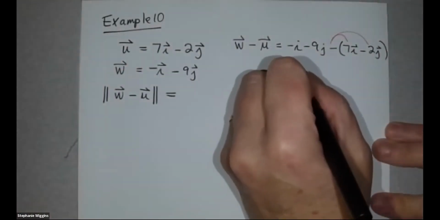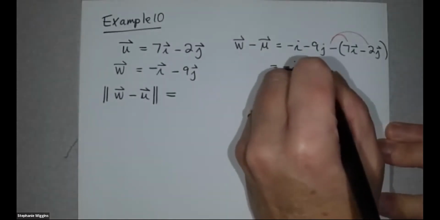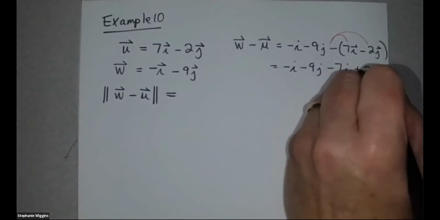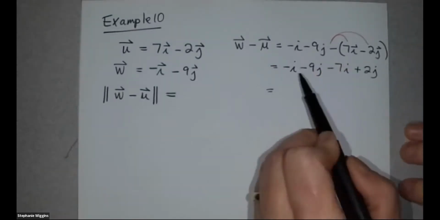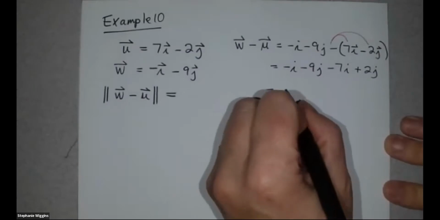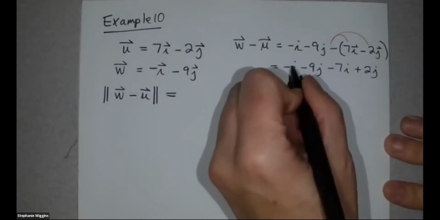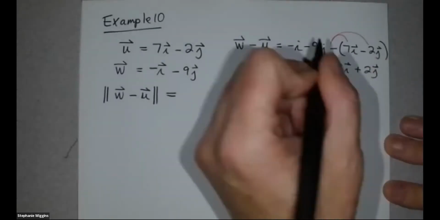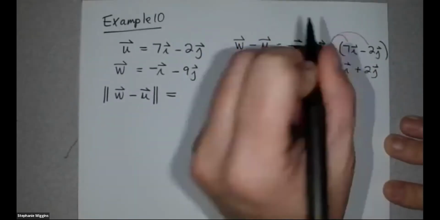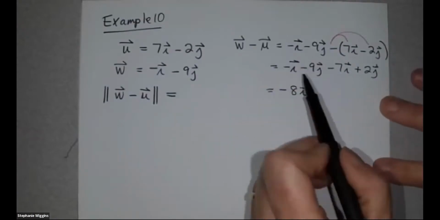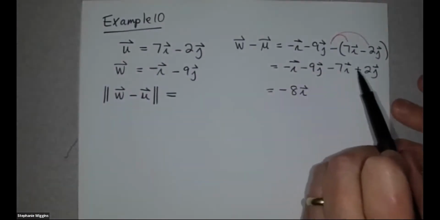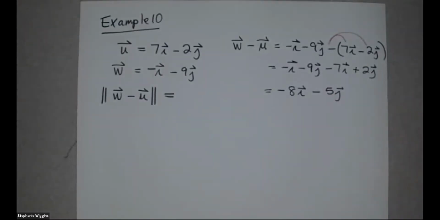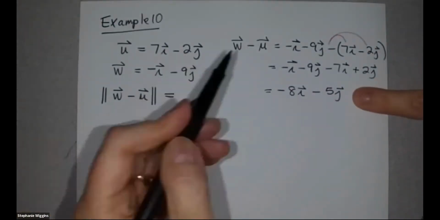And so we have negative i minus 9j minus 7i plus 2j. And then we combine the i's and we get negative 8i. I need to put my little hats on. I forget that. There we go. That's better. And so we've got these combined, and then we have negative 7 plus 2 is negative 5j. Okay, so here is w minus u.